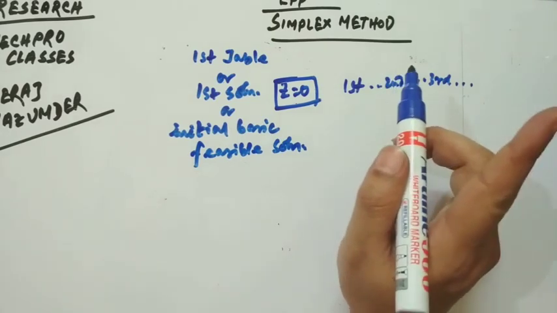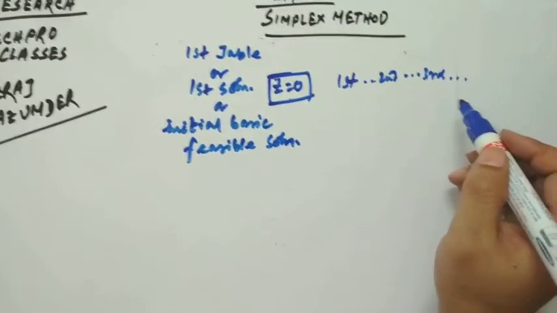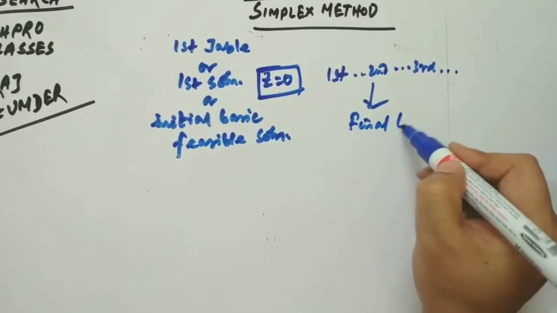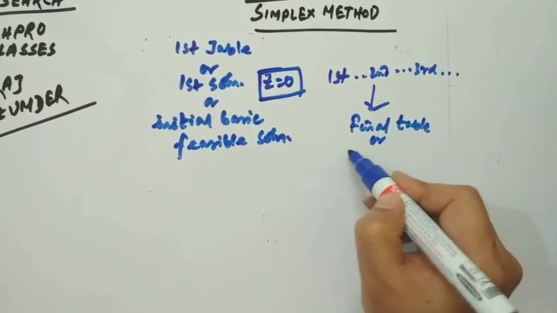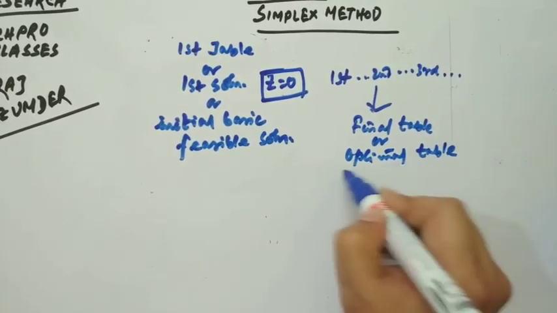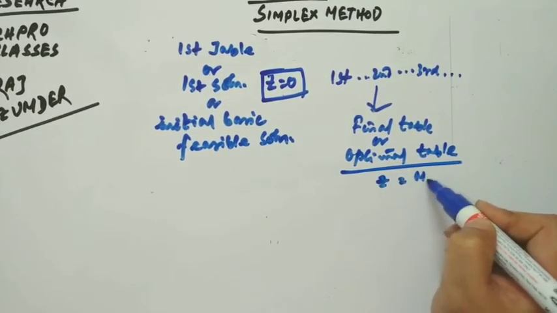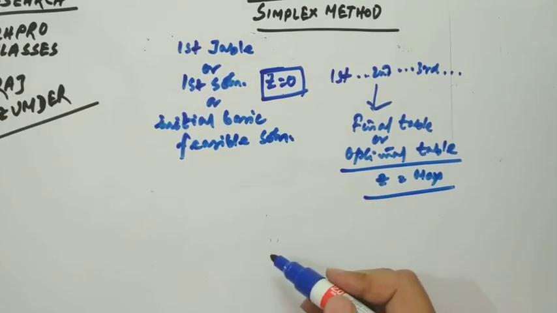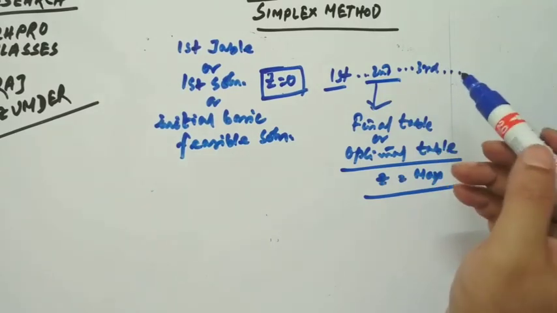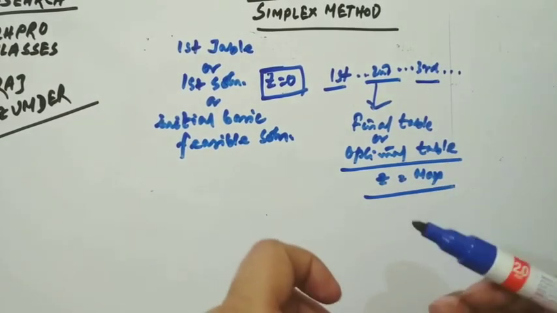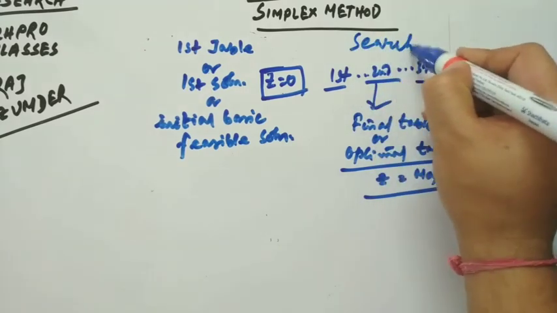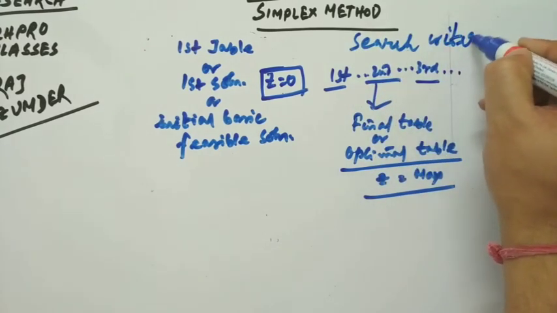The final table obtained after the iterations is known as the optimal table, where the value of z will be maximum. This is known as search or iteration.